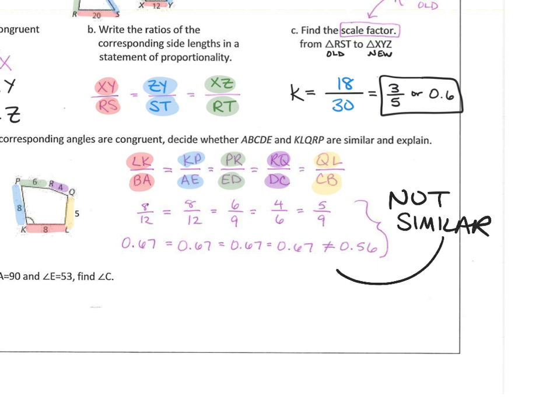They are not similar because of this right here. The work would be explaining your answer. You show me all of the ratio numbers, and then the fact that this last one is different means that they're not similar. All of those numbers would have to be the same for it to be similar. So if you get one number that's different, you're done. They're not similar.